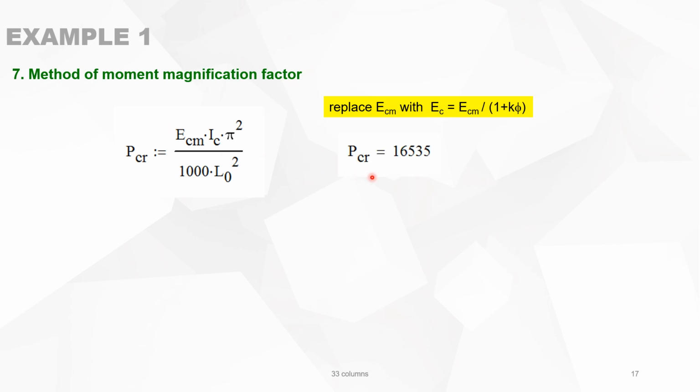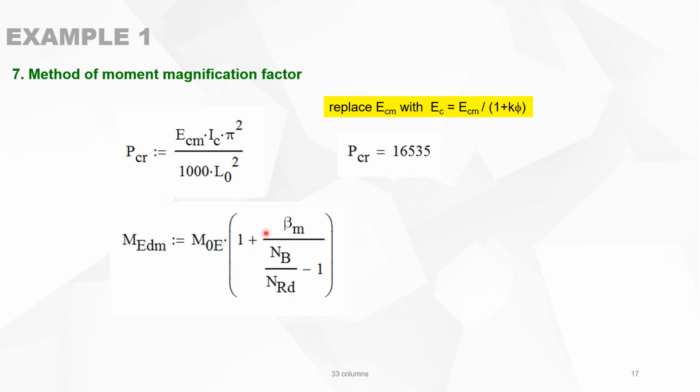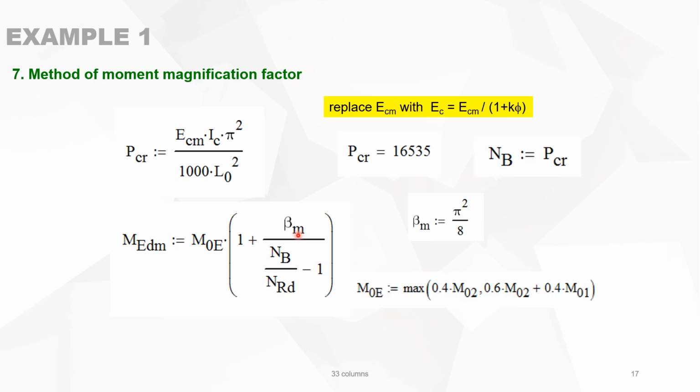And then the critical load value is 16,535 kilonewton. We apply the formula of the moment magnification factor with beta equals pi squared over 8. And we have a bending moment of 60 kilonewton meter. And if you compare that with the previous method, we had 66. So there is a difference, but not that much.